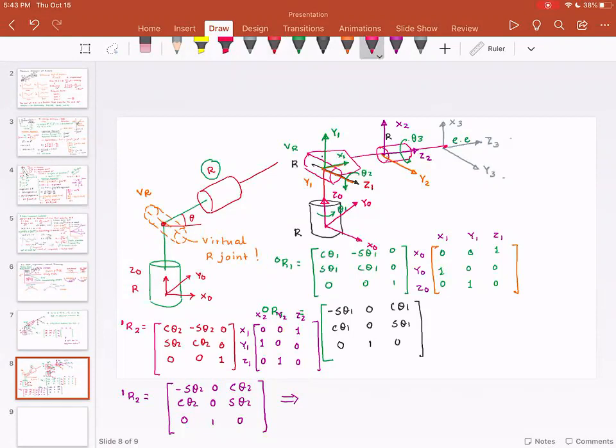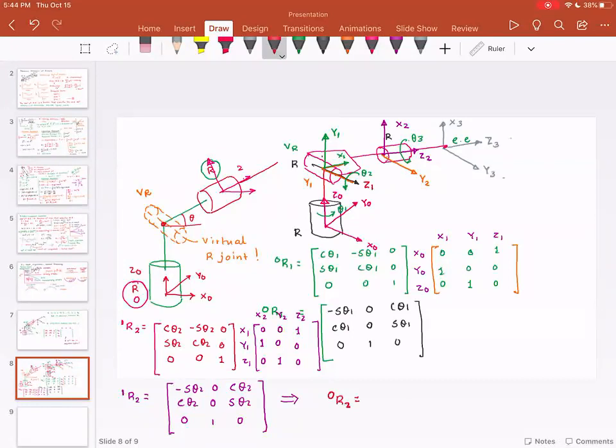Ideally I want to go from frame 0 all the way to frame 2. And the transformation is 0R2, which is what I'm interested in finding.